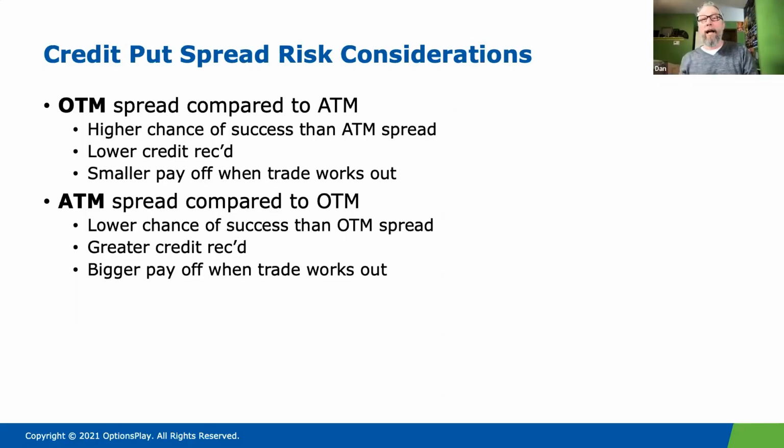And as you saw how to calculate the maximum loss, it's the same with puts: the difference between the strike prices minus the credit received. So if I receive a smaller credit, my maximum loss is bigger. In a lot of ways, I could pose the question here, which of these is more risky?